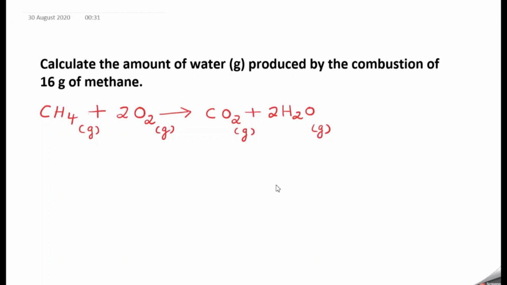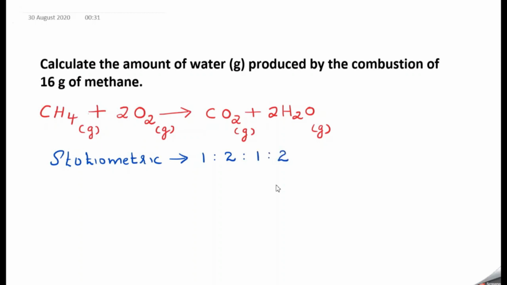Now what they are asking you is to calculate the amount of water, correct? So first we will write the stoichiometric ratio. So what is the stoichiometric ratio here? If you see, the stoichiometric ratio becomes 1:2:1:2.